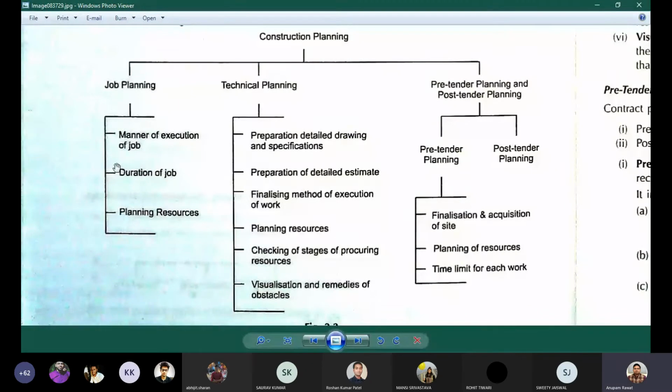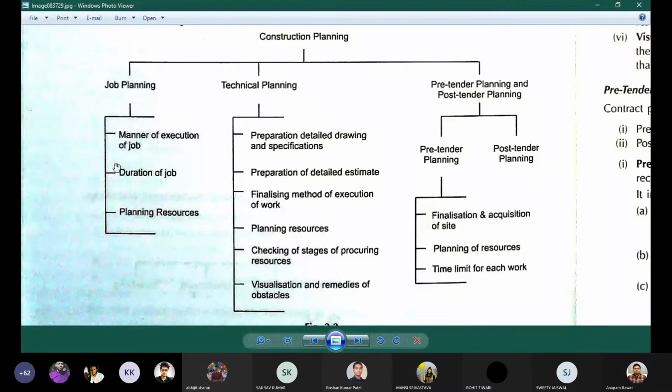Then in technical planning, as a civil engineer, you have to know what the technical things are. As a civil engineer, we are continuously learning about this technical planning. In the technical planning, first is the preparation of detailed drawing and specification.